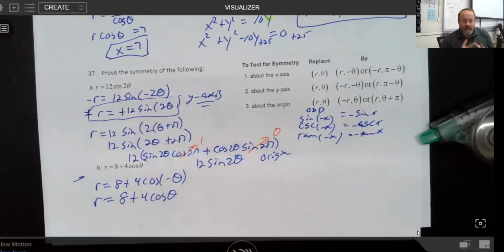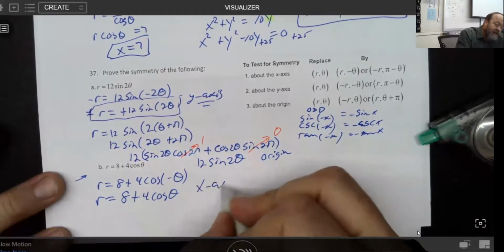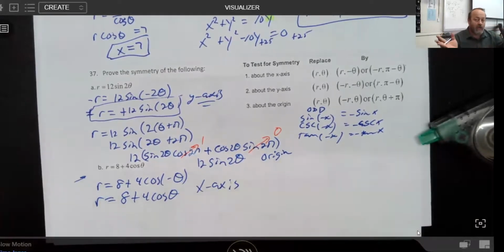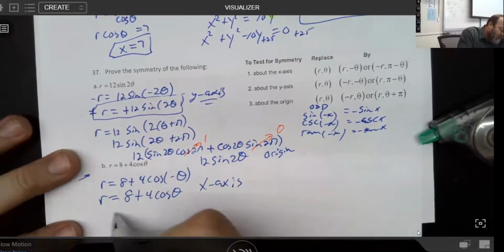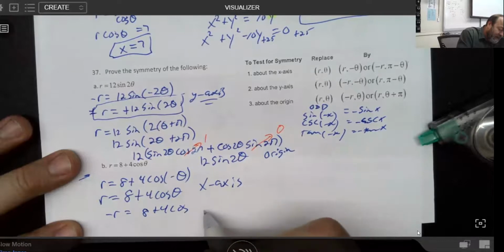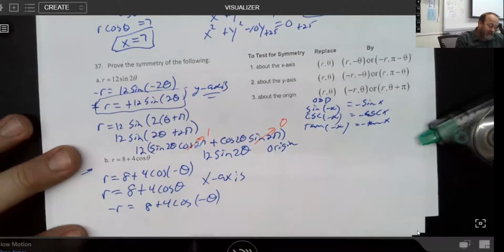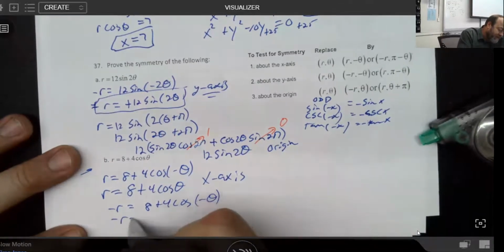Now, that's pretty good. That shows that it does have x-axis, but the question is, does it have all three, or is one and done all we got? So what we're going to do is one other thing. We're going to check y-axis by replacing r with negative r, and we're going to replace theta with negative theta. Now, again, just like the last problem, that negative just disappears, which is fine.